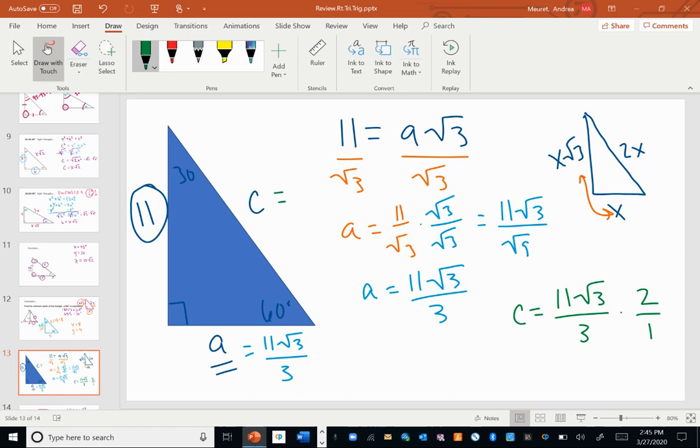So 11 root 3 times 2 is equal to 22 root 3. And 3 times 1 is equal to 3. So side C is equal to 22 root 3 over 3.